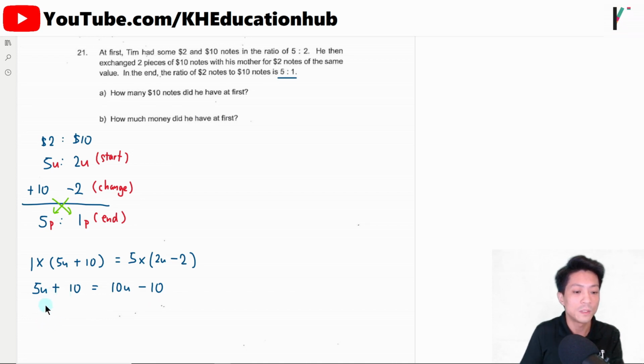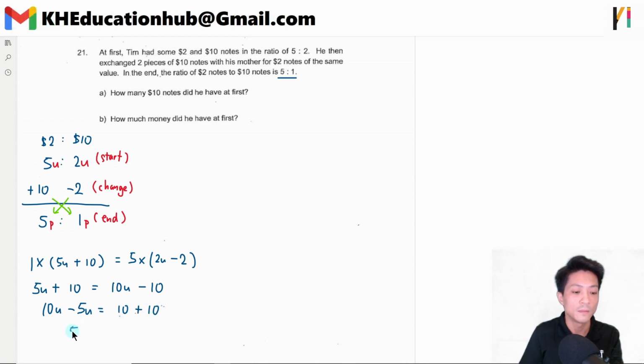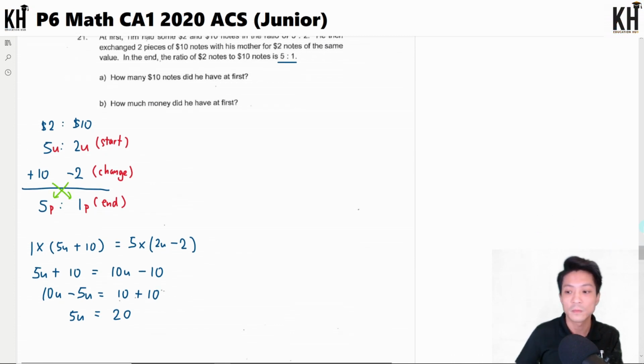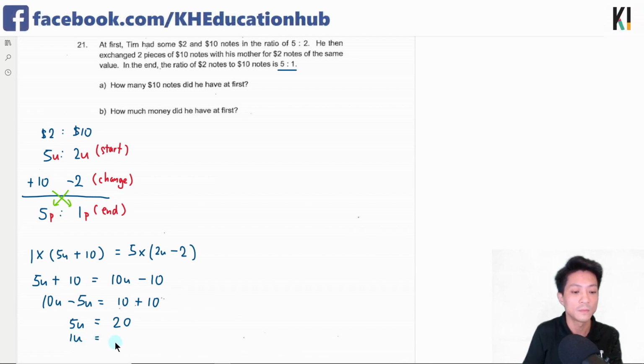At this point, you should realize that 10 units minus 5 units is equal to 10 plus 10. So 5 units is equal to 20, and 1 unit will be equal to 4.